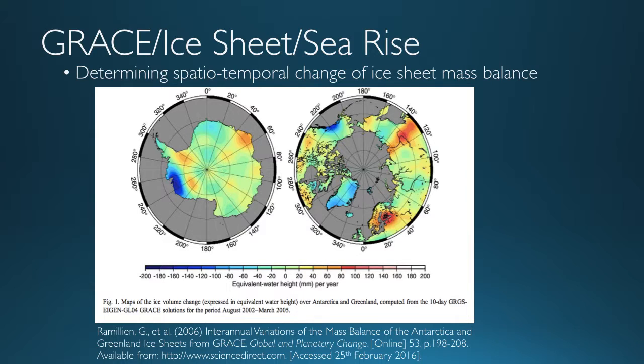So in their study, they corrected for different things like leakage and the GIA, and they estimate the ice sheet contribution to sea level. They find that in West Antarctica and Greenland, there's a positive contribution to sea level, but in East Antarctica, there's actually an increase in ice sheet mass.